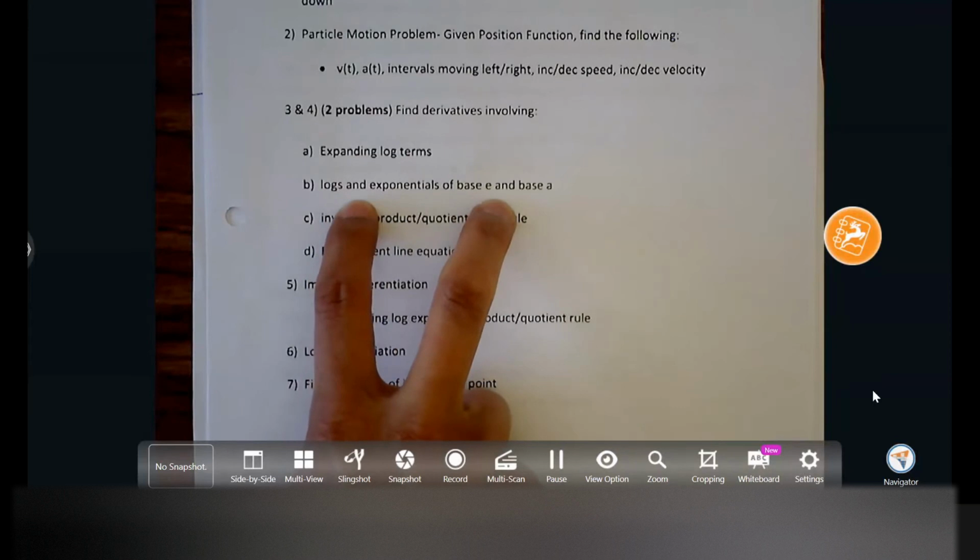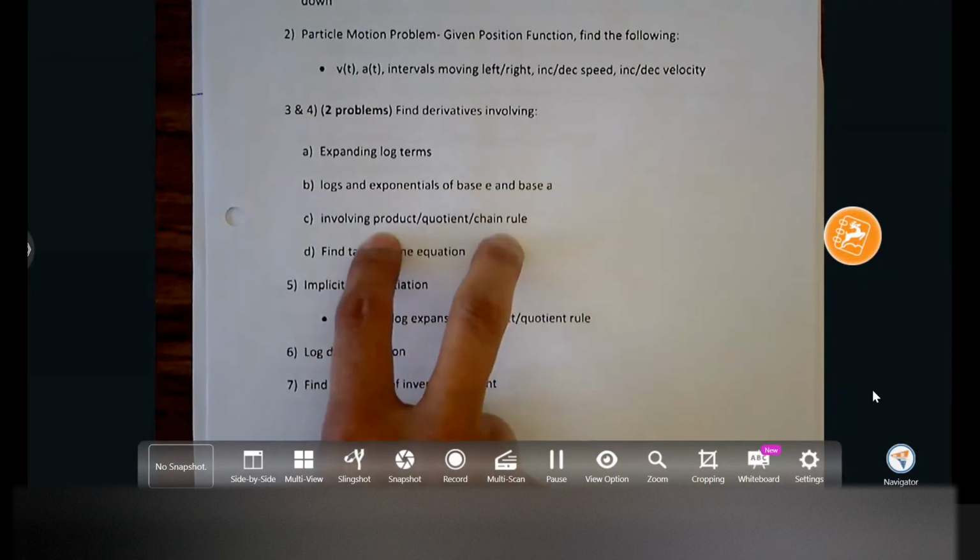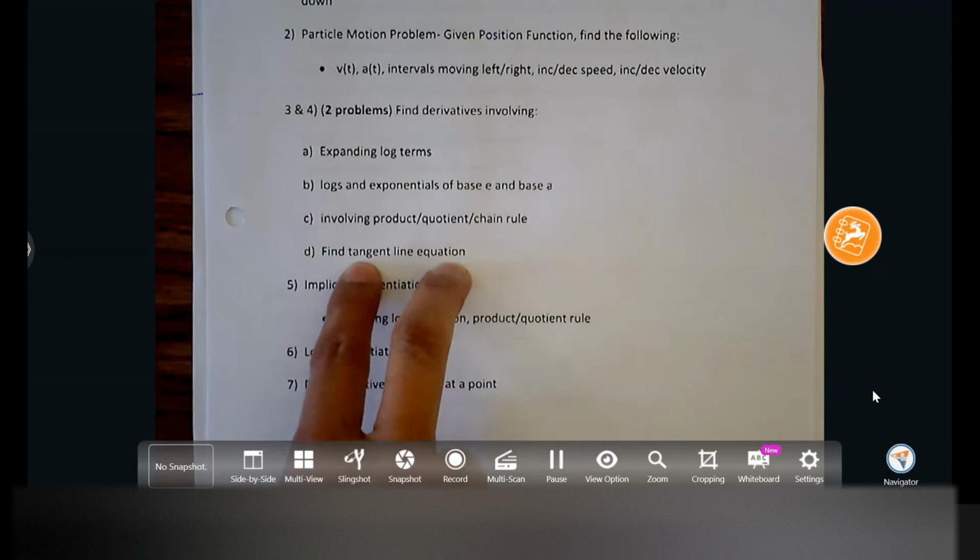Know your rules for log base a and base e, involving quotient, product, and chain rule, recognizing the need for that when it shows up. And then being able to find a tangent line equation if I give you an ordered pair.